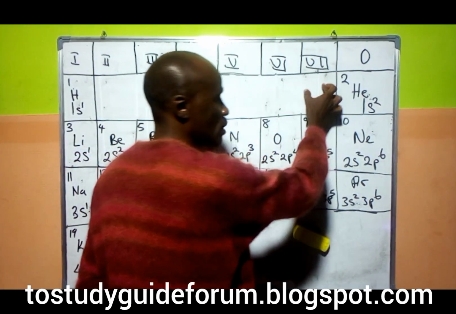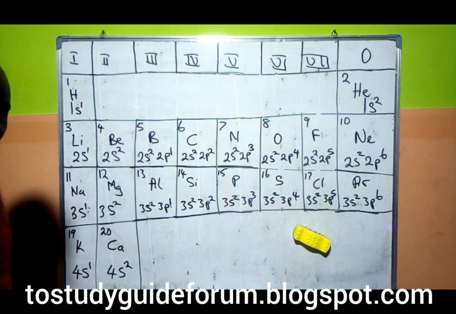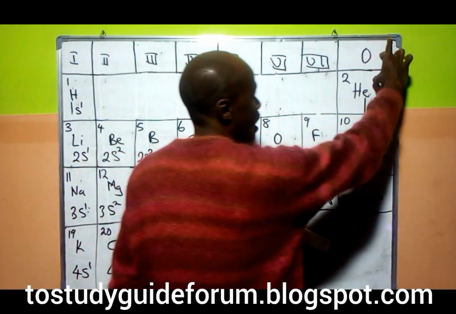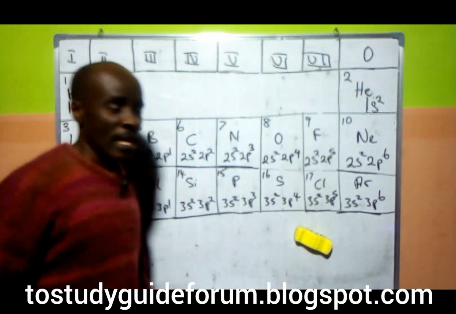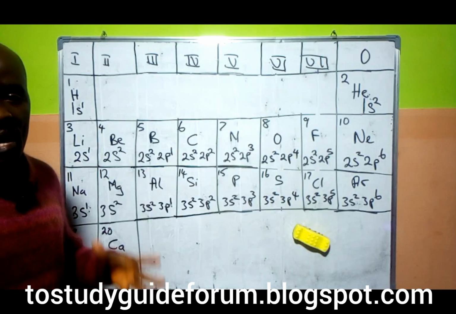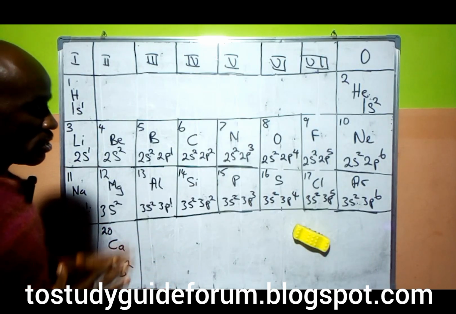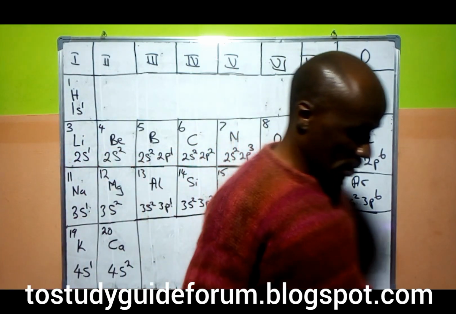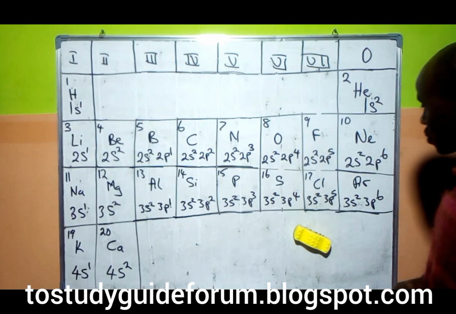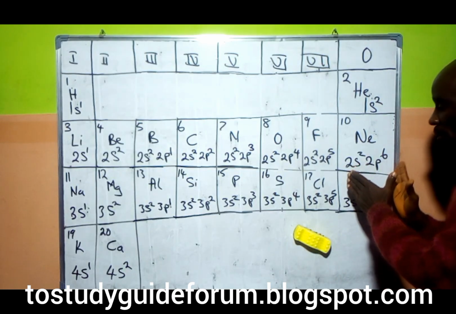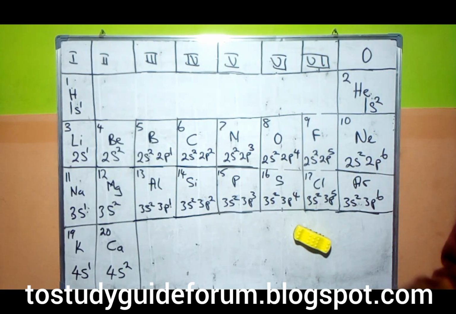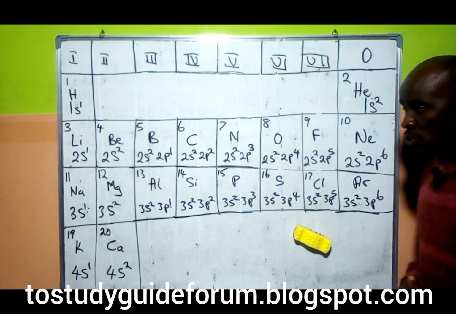Group seven tends to be the most reactive non-metals, while group zero tends to be inactive. They don't react effectively, and don't even undergo any reaction, because of their completely filled outermost shell of electrons.